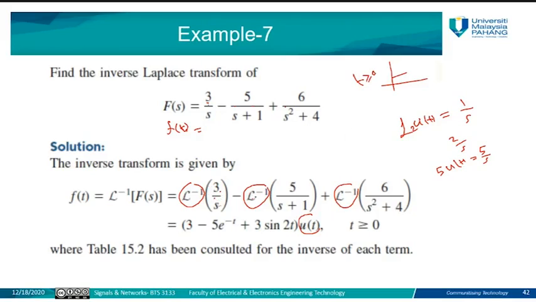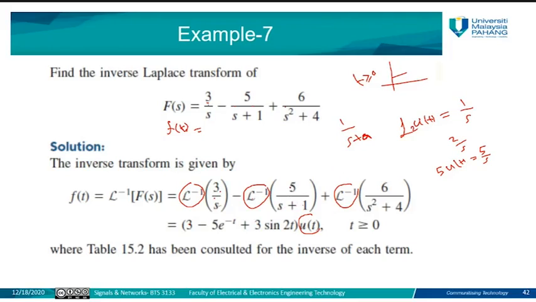The inverse Laplace for 5 over (s plus 1). This is also available in the table because I have 1 over (s plus a), for example. What is the value of a here? In this case, it is 1.